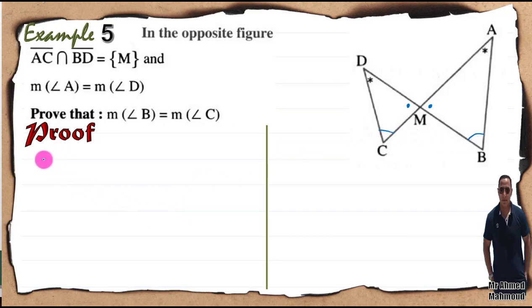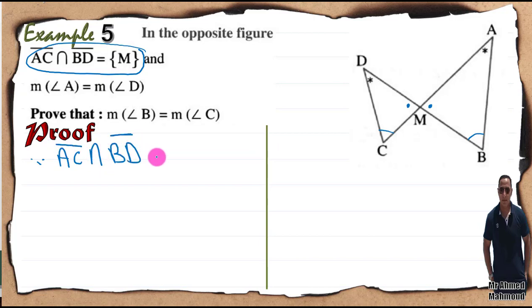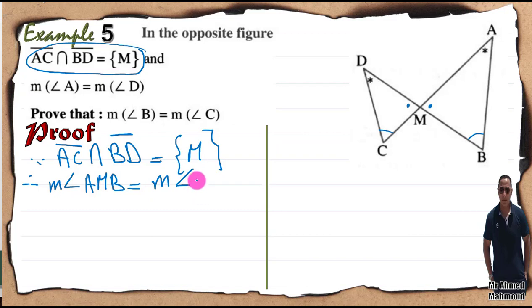Okay, since this given is related to the VOA, since AC intersect BD at the point M, therefore measure of angle AMB equal to measure of angle DMC, that's VOA.